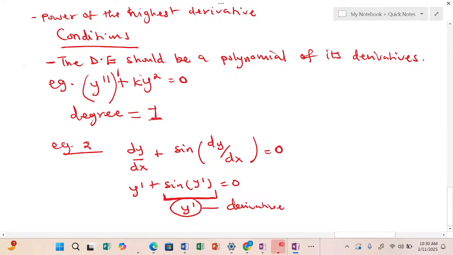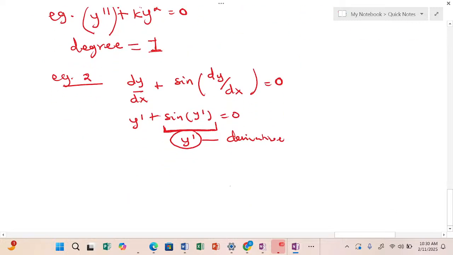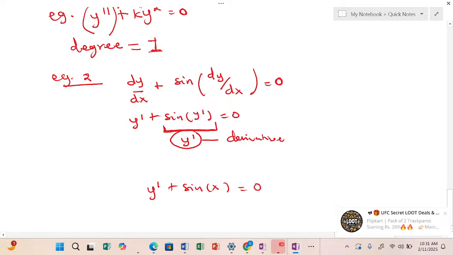So this presents the argument being y, which fails to make this particular equation a polynomial of its derivative, in the sense that if we had y prime plus sine x is equal to 0, then this particular equation is a polynomial in terms of its derivative, because the argument is not the dependent variable.